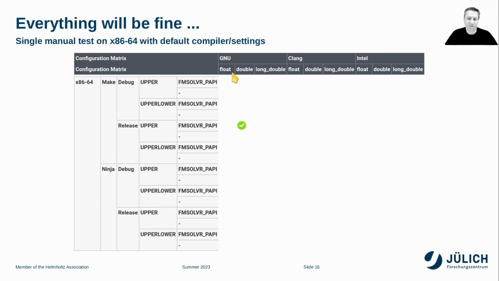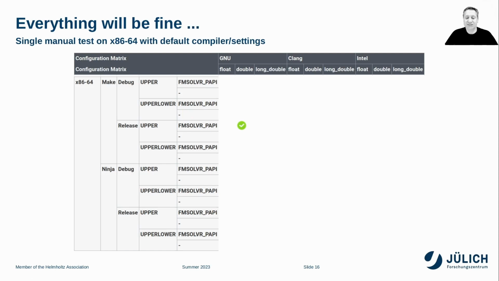We tested for different floating point types, float, double, and long double, for each compiler. And on the y-axis, you see some other dimensions we tested. For example, the x86 hardware, we tested make and ninja, debug and release mode, and then some settings for our code that could be enabled or disabled.